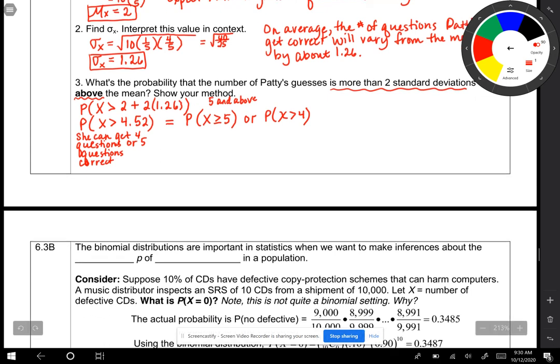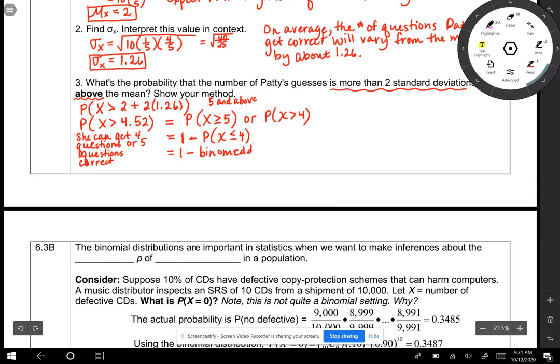In order to do that, we would do a binomial CDF because we have a range of probabilities. We're not going to use the point distribution. We wouldn't use binomial PDF. So 1 minus the probability of x is less than or equal to 4, which is 1 minus binomial CDF.